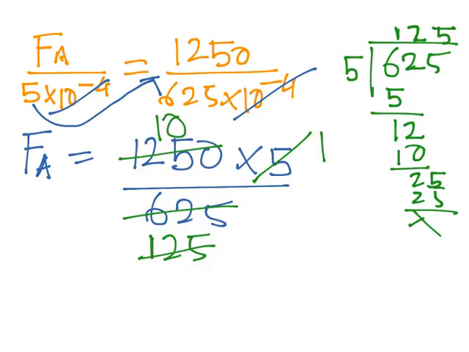So FA, the balancing force you need to put on piston A, is nothing but 10 Newton.